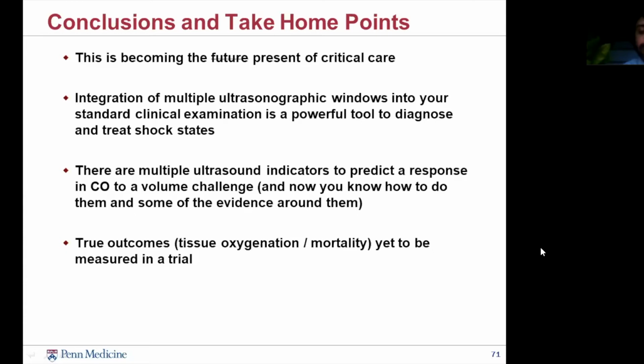Because the area of the carotid changes, and because the blood flow is dependent on the radius squared, they found a large amount of inter-observer and intra-observer variability. So that, to me, makes this a little harder to recommend as a first-line method for assessing volume responsiveness.